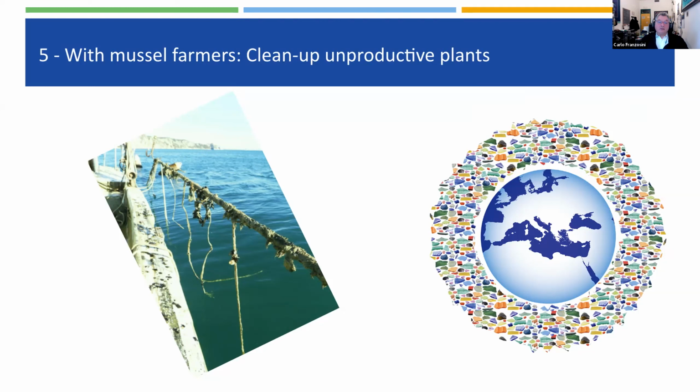What happens is that the mussel farmers no longer go at sea during this time. The closure period can last from 2 to 3 months, and whatever grows on the nets and on the rows is no longer collected, and we have an unproductive plant where the debris is left at sea and can be lost and navigate in the water.